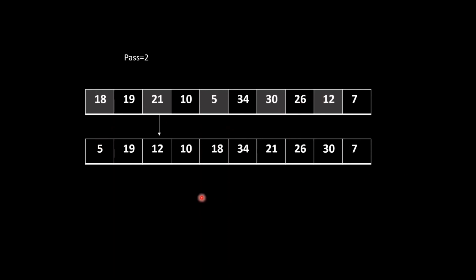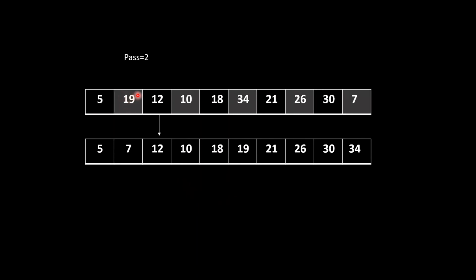In the next sublist, 19, 10, 34, 26, 7, these elements will also be sorted using insertion sort. After pass 2, this is the array we get, which is more sorted than in the previous pass. So after 2 passes, we get a highly sorted array.